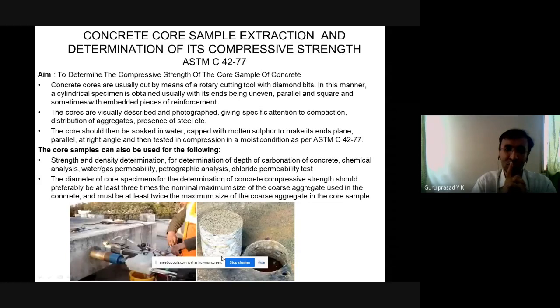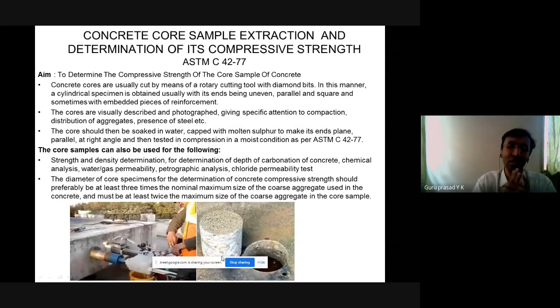But the core test should be performed, and the concrete has to be extracted from the zones where there is no reinforcement running. If you bore through a portion and cut the reinforcement, then you are causing more distress to the structure. You are not supposed to cut the reinforcement. You have to extract the cores where there is no reinforcement present.